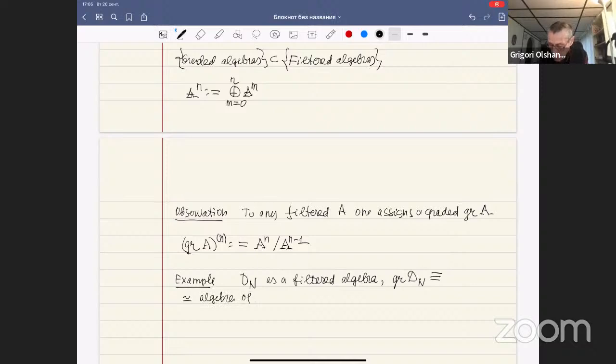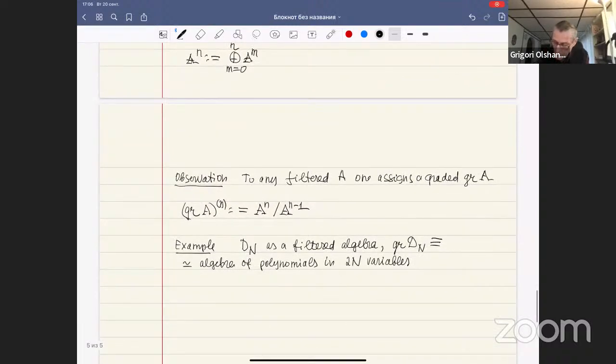in twice as many variables. Why is this?